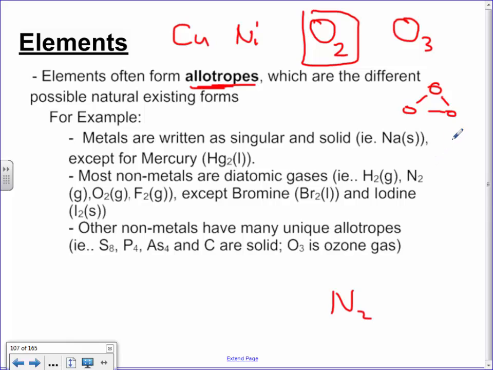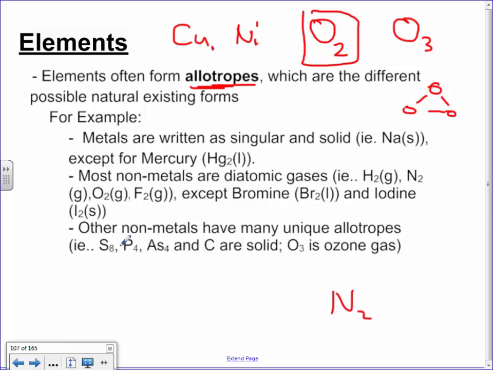What I need you to be aware of is that if you're writing an element by itself, we don't usually write a 1 afterwards if there's only one. But there are many things that come in different groupings, and I need you to be aware of those groupings. Here are some other ones you should know about. Sulfur actually comes in groups of 8. We call them flowers of sulfur.